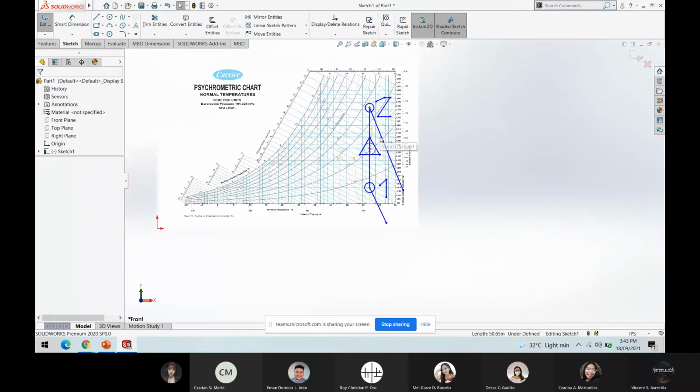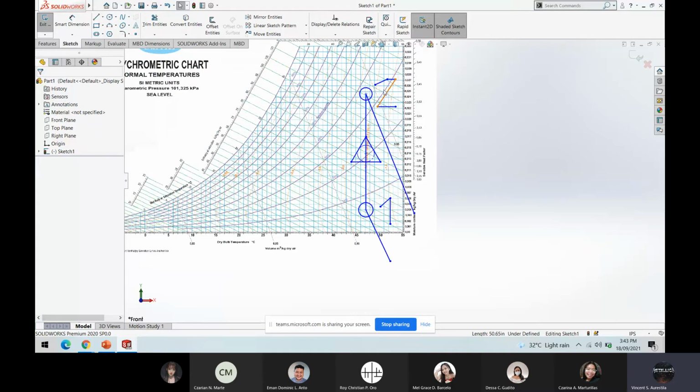Since the specific volume of state 2 is bigger than that of state 1, the relationship between the specific volume and humidification is proportional. So in the humidification process, the specific volume is increasing.